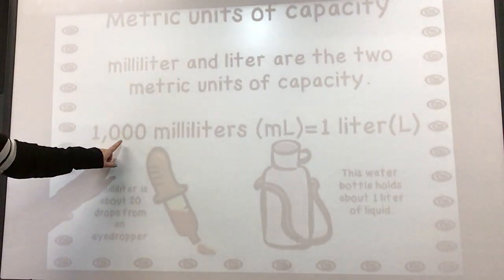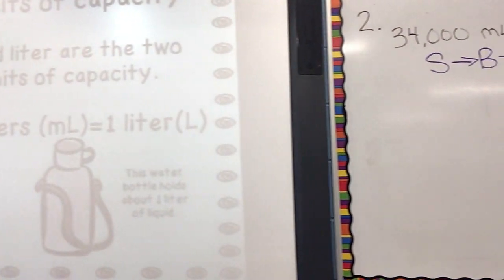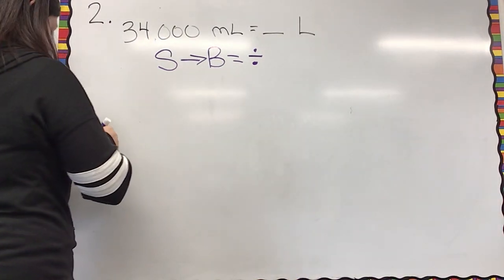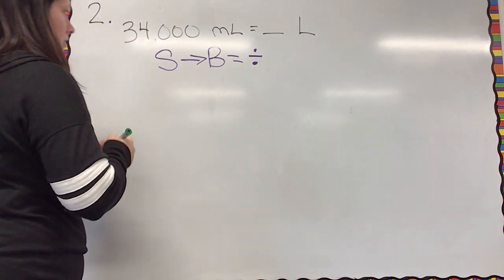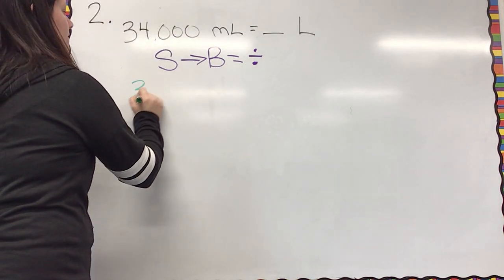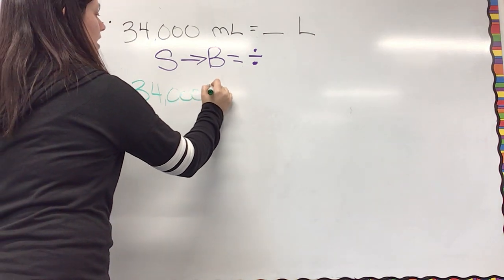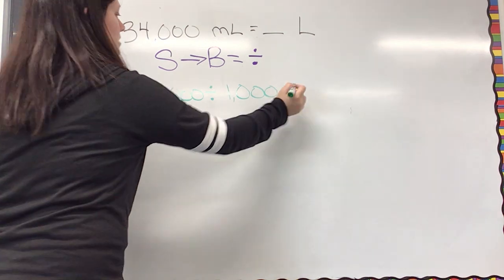All right. And we know how many milliliters are in a liter. How many milliliters in a liter, everybody? 1,000. 1,000. So I need to get a different color. I like using different colors. 34,000 divided by 1,000.